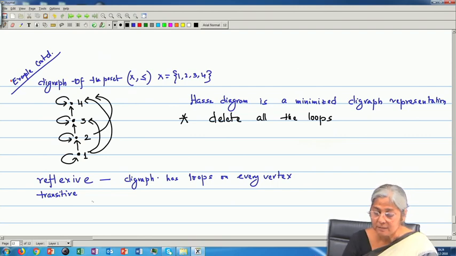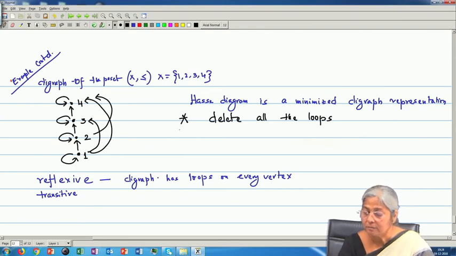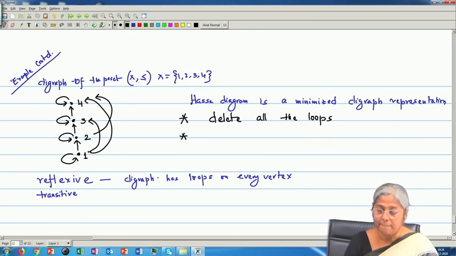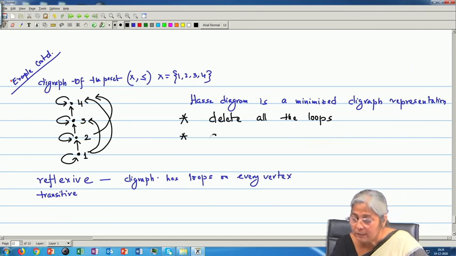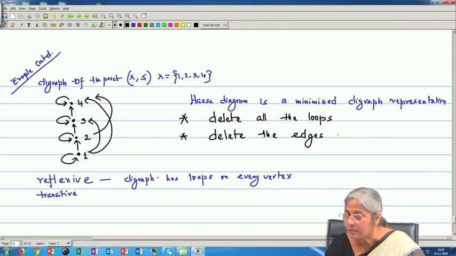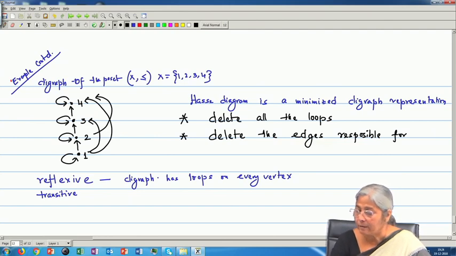Similarly, since it is transitive, if there is 1 to 2 and 2 to 3, then the edge 1 to 3 we always delete. So, delete the edges responsible for the transitive property.